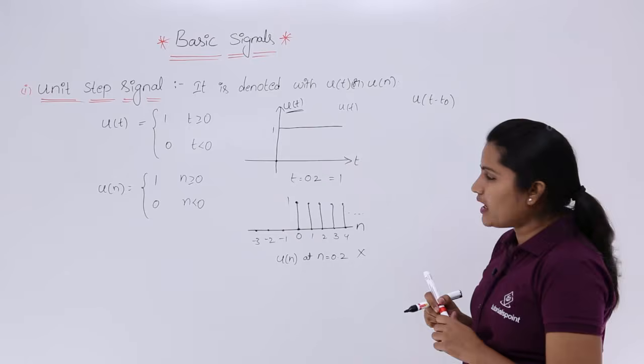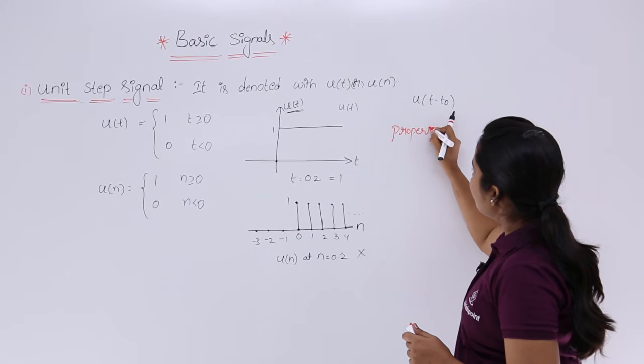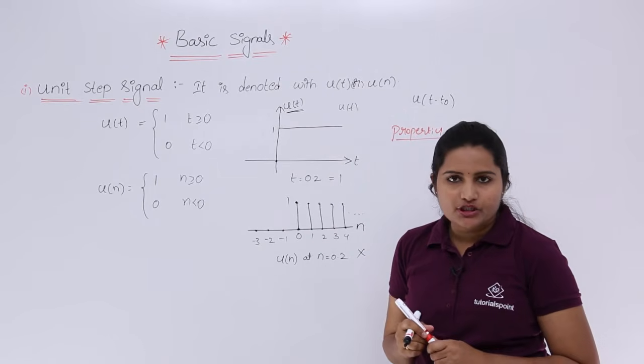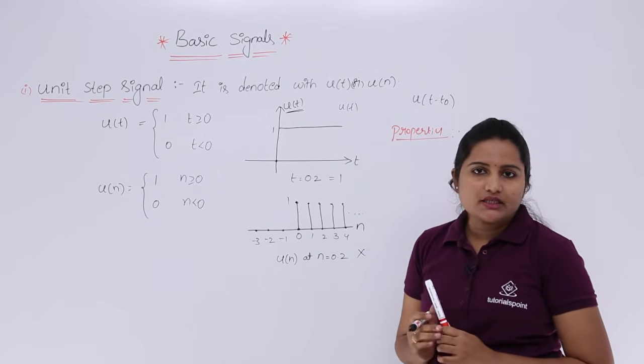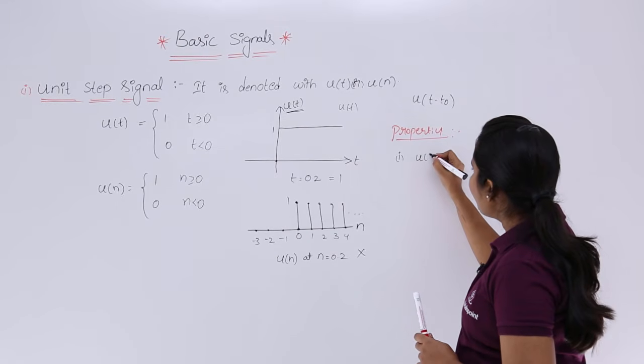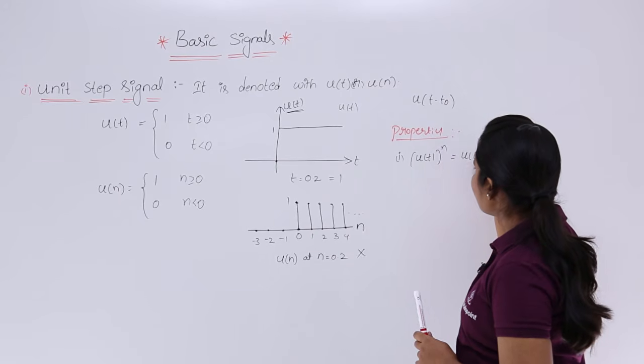Now I am going to discuss some properties of this unit step function, which are very important from the GATE point of view. The first property is u of t whole square, or whole power n, is also equivalent to u of t.